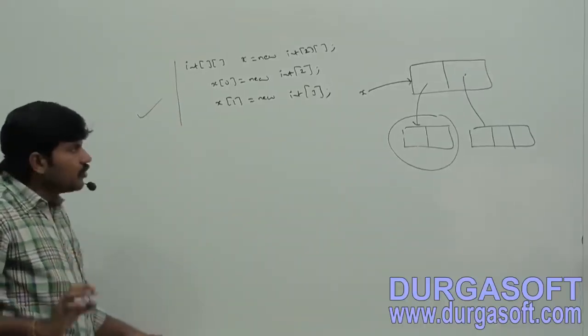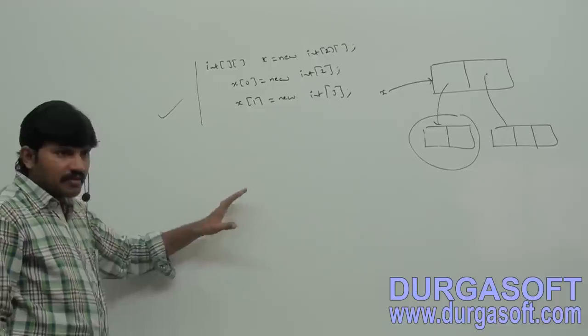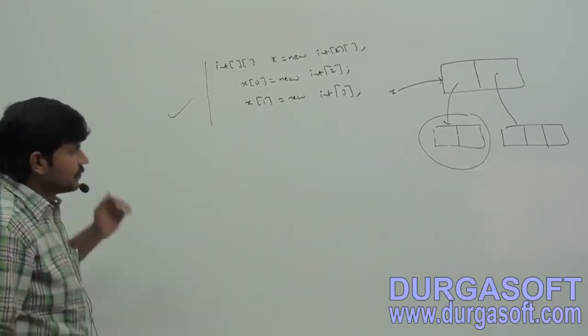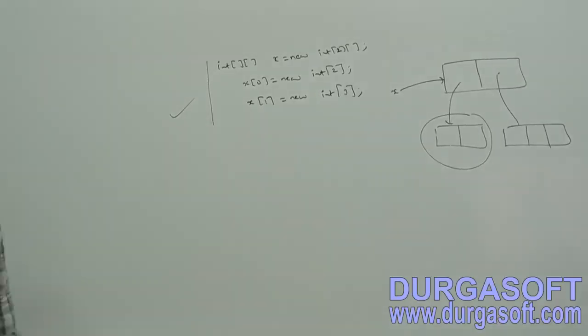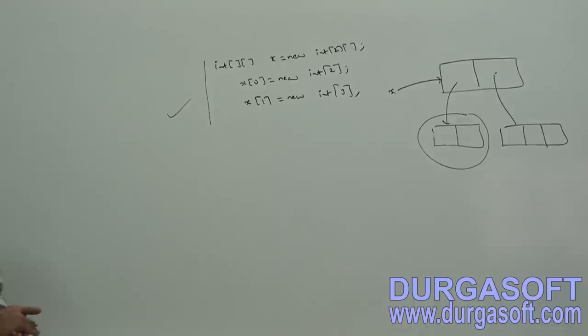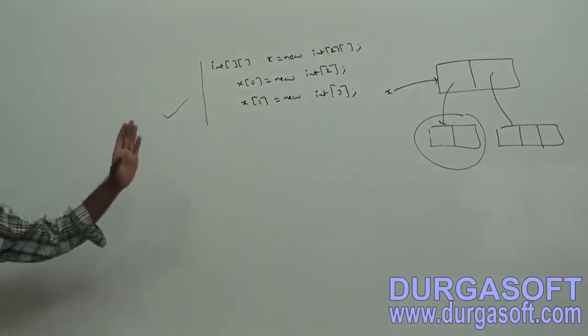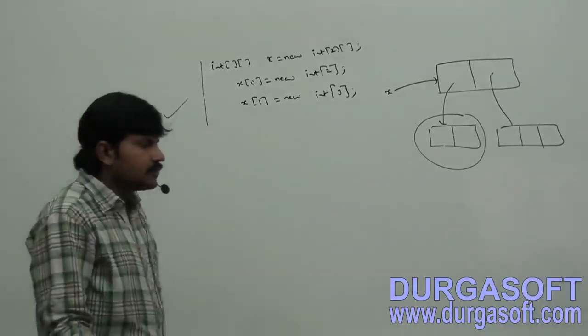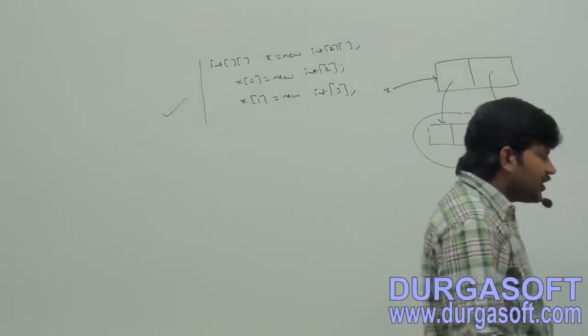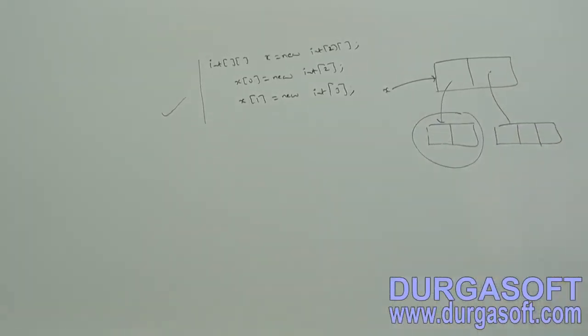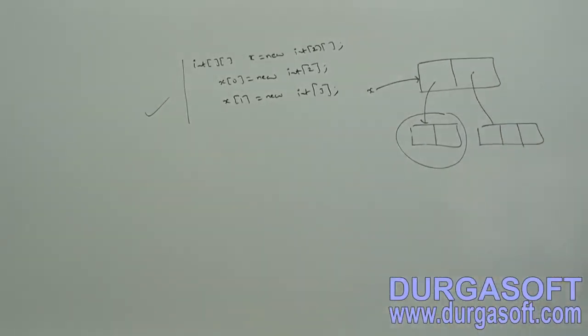Okay, make sure you people have clear clarity, right? So add example 1, memory structure and corresponding Java code. At least the base size we have to specify. Remaining sizes are not required to specify.